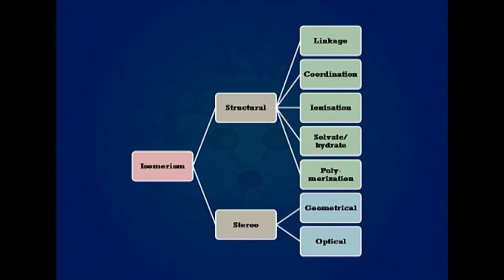These two isomerisms can be further subdivided. As you know, structural isomerism can be subdivided into linkage isomerism, coordination isomerism, ionization isomerism, solvate or hydrate isomerism and polymerization isomerism. And stereoisomerism can be subdivided into geometrical isomerism and optical isomerism.